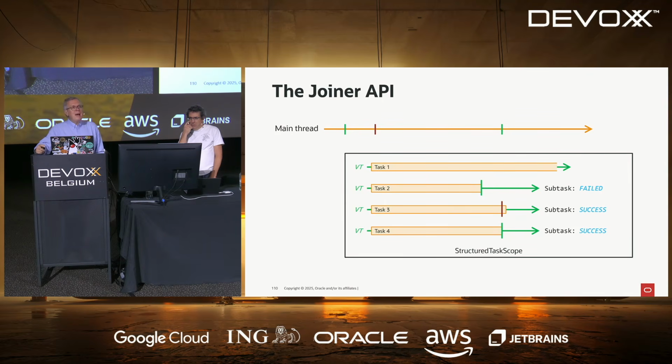But it may happen that the interruption will not work, and that you have a loose thread that will continue running. Okay? And this is embarrassing because it means that the close method will try to interrupt the thread itself, but if it doesn't manage to interrupt, this thread may be running forever, and your structured task scope will also be running forever. So you need to be careful with that.